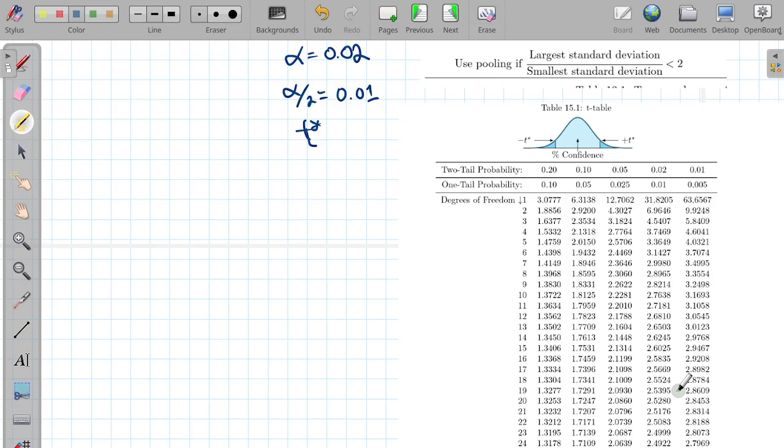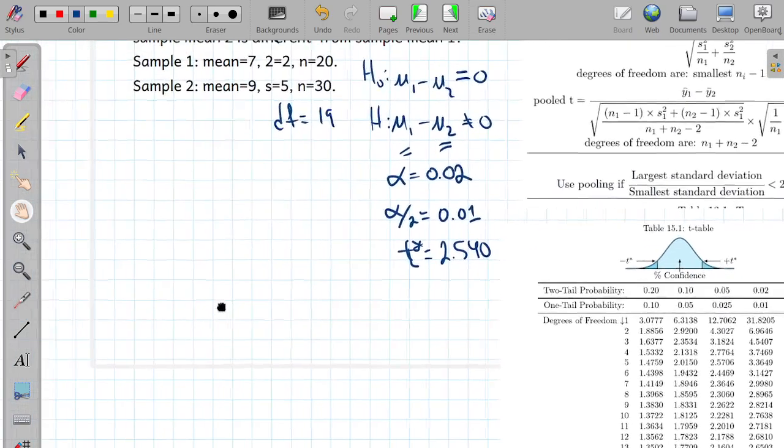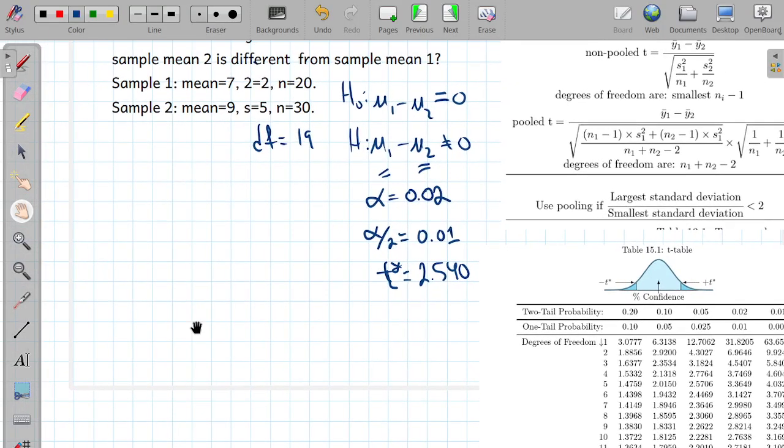Now, let's write that down. Okay, I didn't want to do that. I wanted this. 2.540. Now we can do the math. I will compute the other degrees of freedom here momentarily. So here we have t.